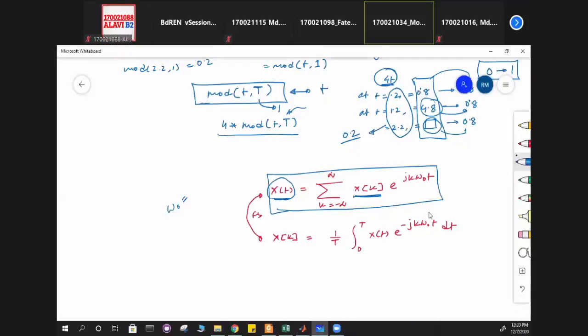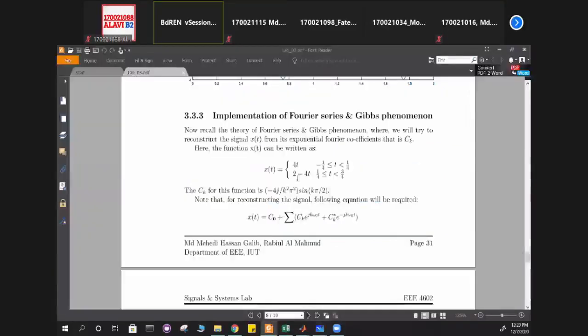Sir, omega 0 is 2 pi by T, and it is the fundamental frequency. Yes, 2 pi by T. All the equations have that omega 0, so you need to know this T. What is the time period for this particular function?